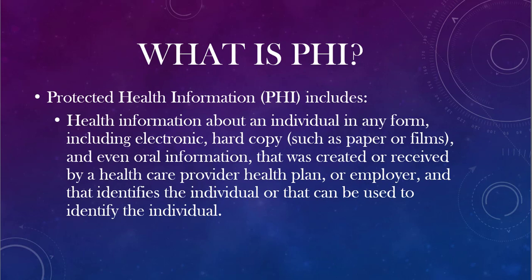So, protected health information includes any health information about an individual in any form, including electronic, hard copy, papers, analog films, and even oral information that was created or received by a healthcare provider, health plan, or employer, and that identifies the individual or that can be used to identify the individual.